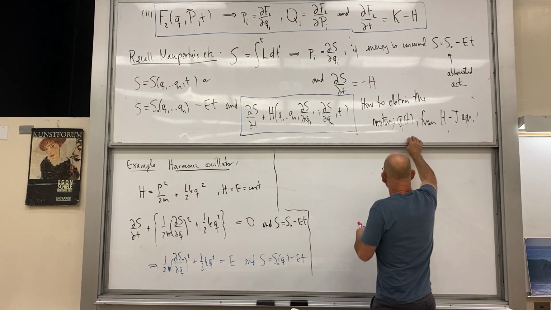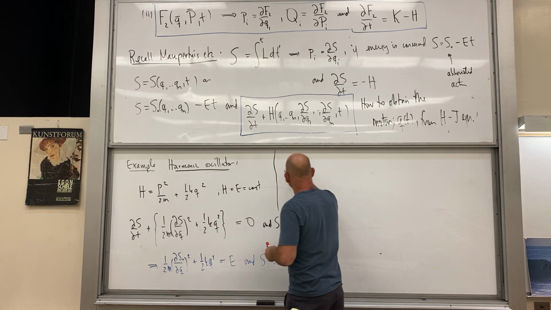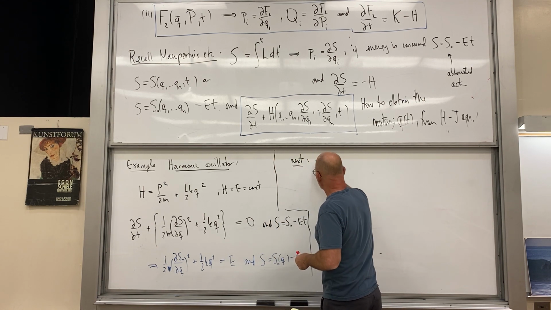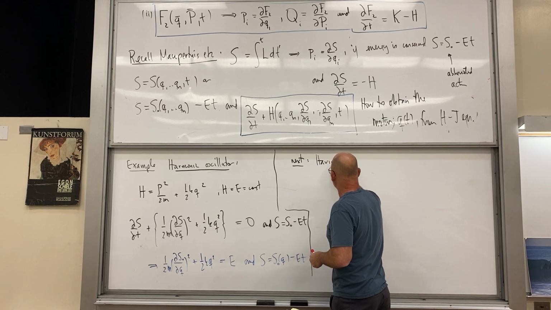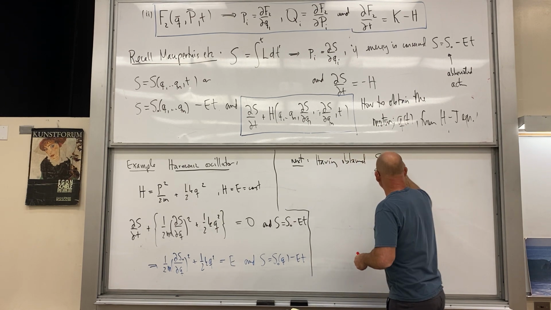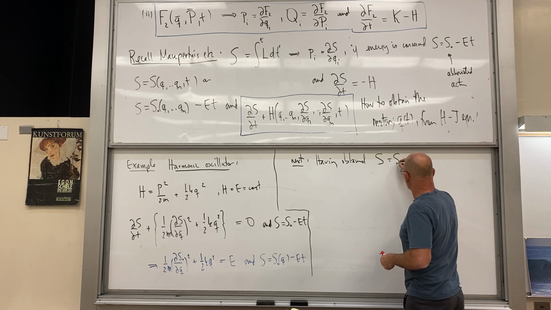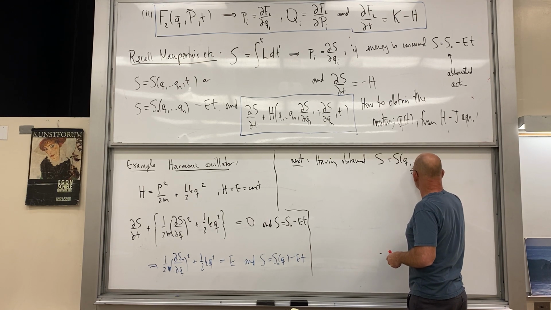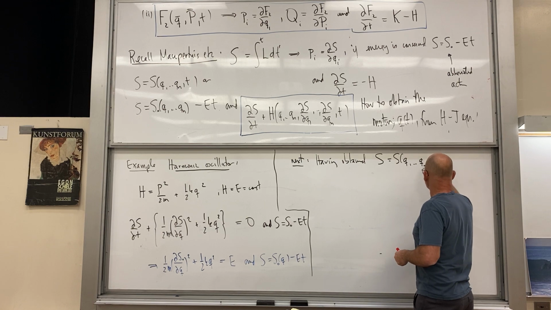So to find the motion, next, having obtained S equals S of q1 to qn and t.